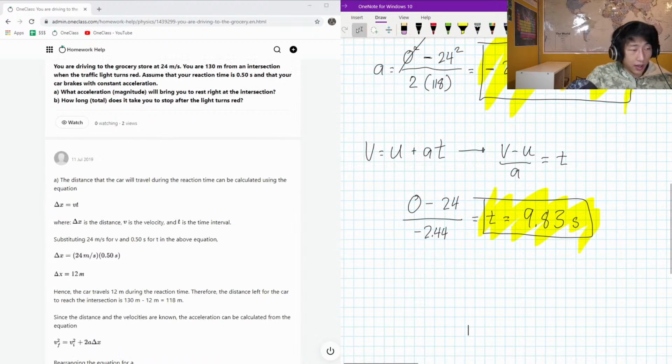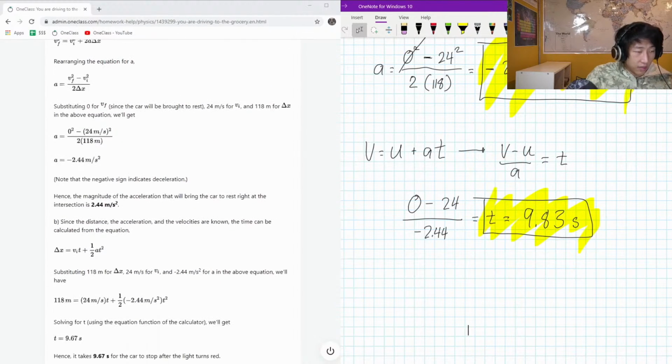Okay, I hope we came to the same conclusion here. We came to a slightly different answer because they used a different kinematics equation. The only discrepancy between these two answers is likely due to a rounding error. Both of these answers are legitimate because in physics we do have to accept a certain degree of variability between our final answers, and that is due to measurement errors and all that.